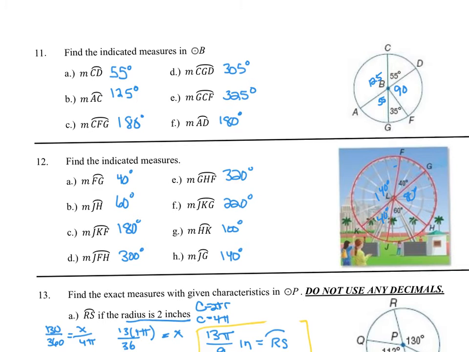The measure of arc HK, so here's HK, is going to be 100. And then the measure of arc JG is going to be 140.